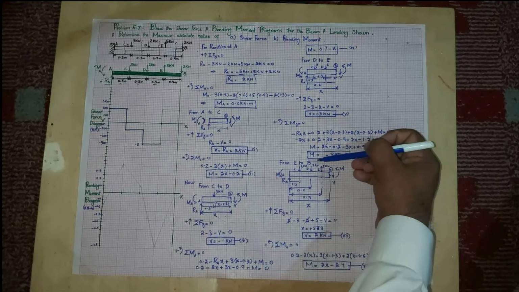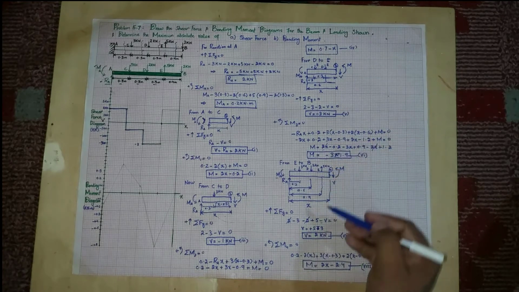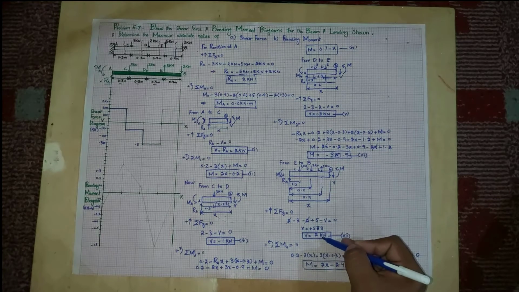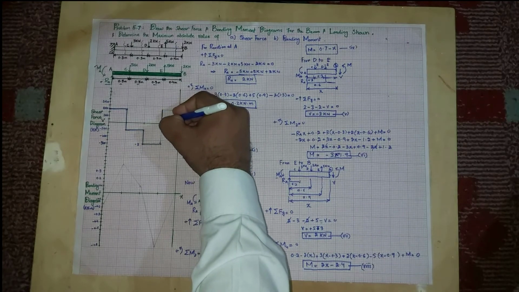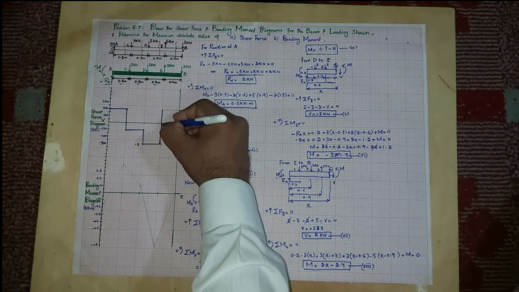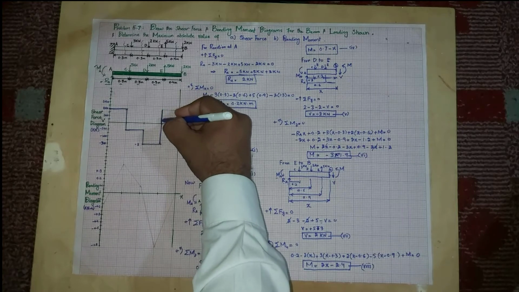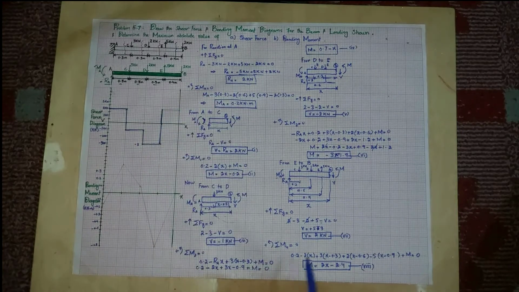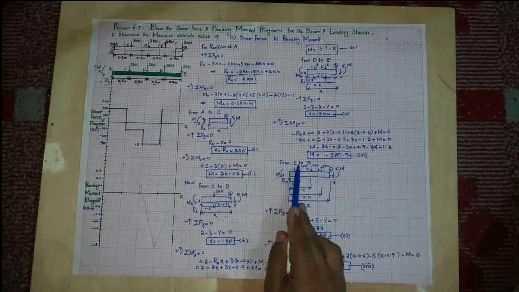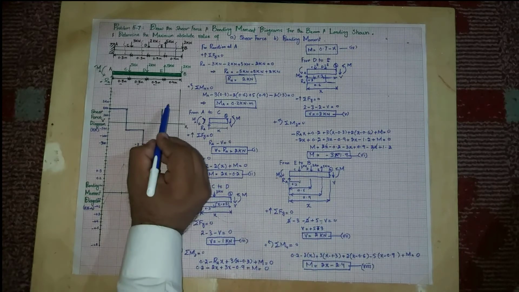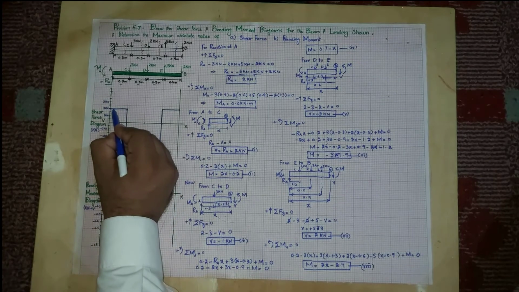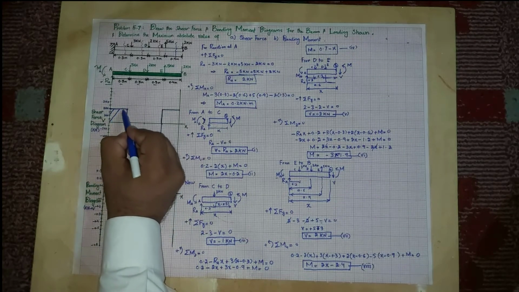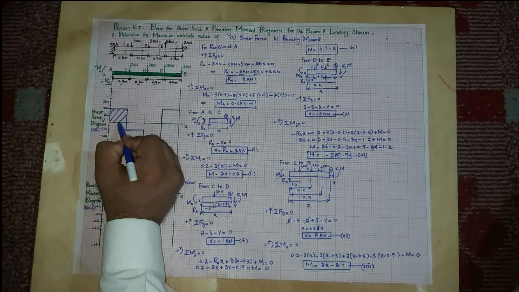Now from E to B, you can see from E the value is 2 kilonewton. So again it will go toward this point. When you join this, it will go to this point, which is 2 kilonewton. From point E to B it is a constant 2 kilonewton. So this is basically your shear force diagram.